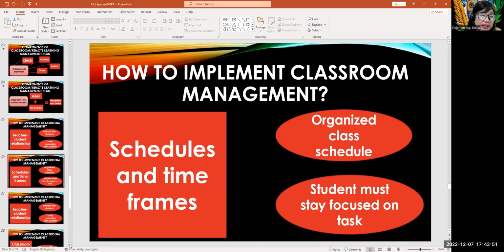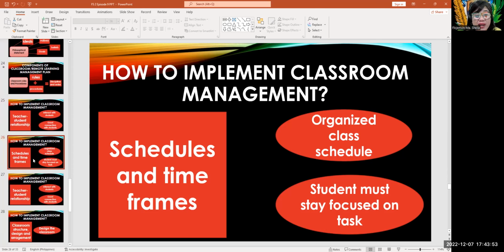Okay, next is schedule time frames. In the schedule of time frames, you are going to plan and control the amount of time you spend on specific tasks. So you have to remember to use time well.